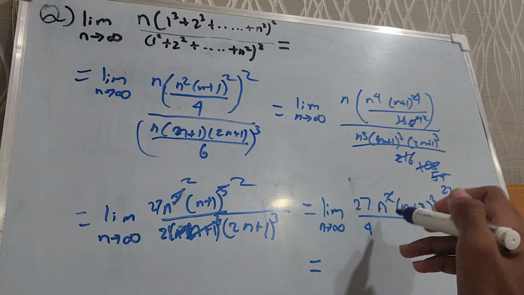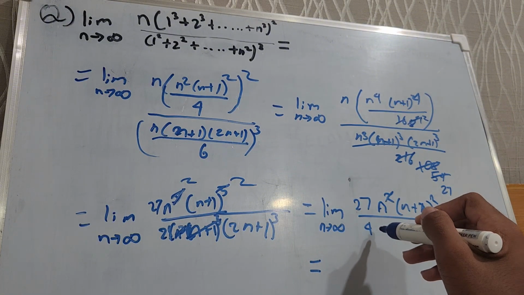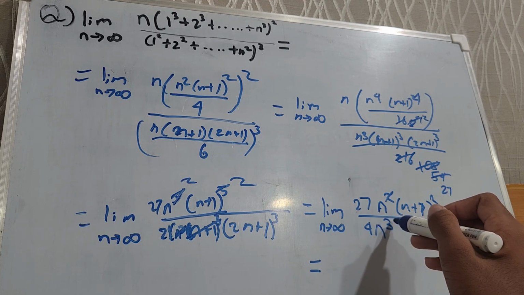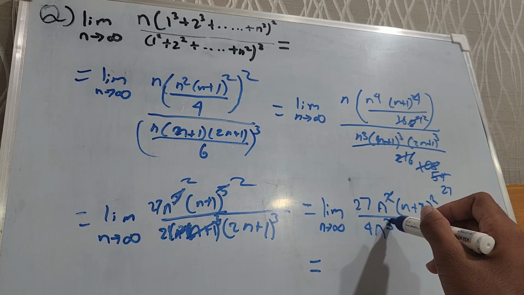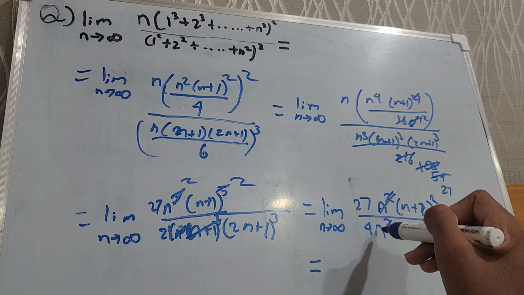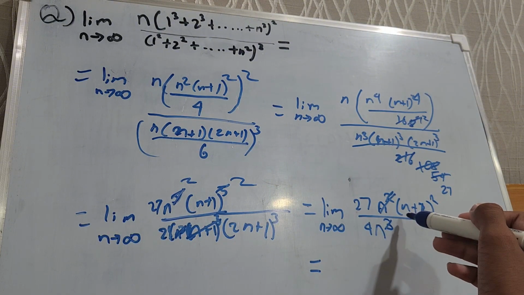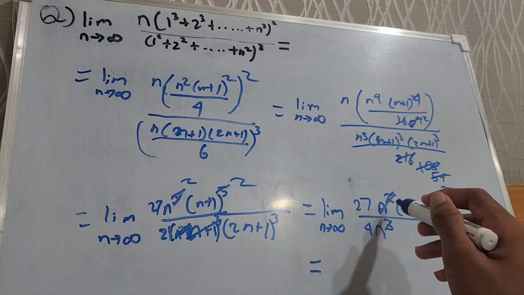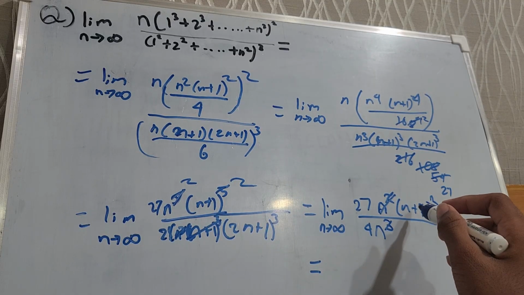So n cube. So cancel this n. And then limit on this n square.